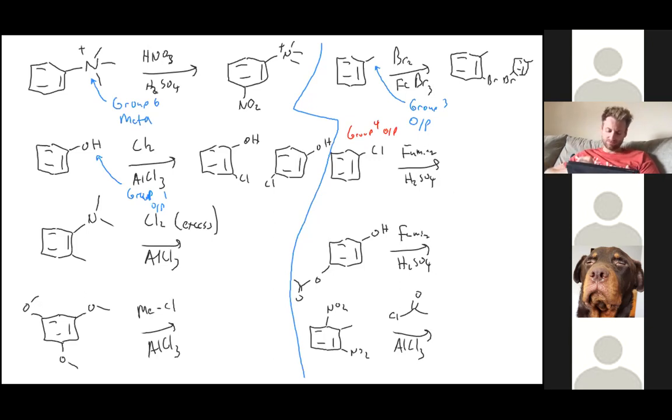Sulfates are pretty large, so most likely this is going to go para just due to a size constraint. This could also form chloro, ortho, but I would expect, because of how large a sulfate is, that the para position is going to be favored.